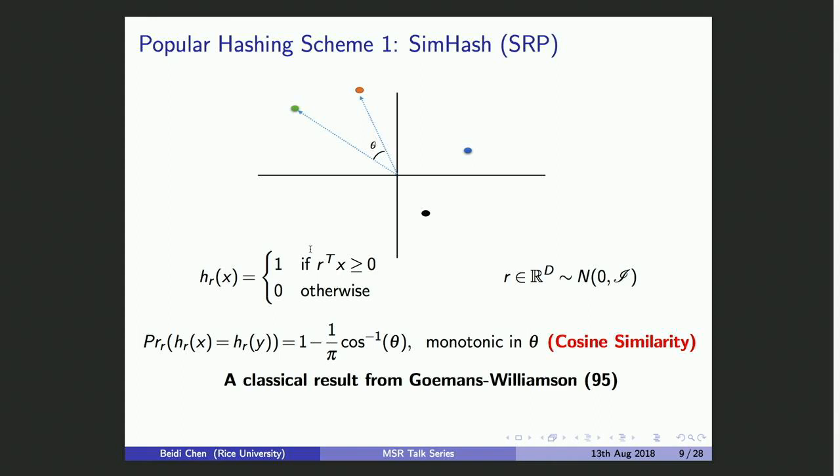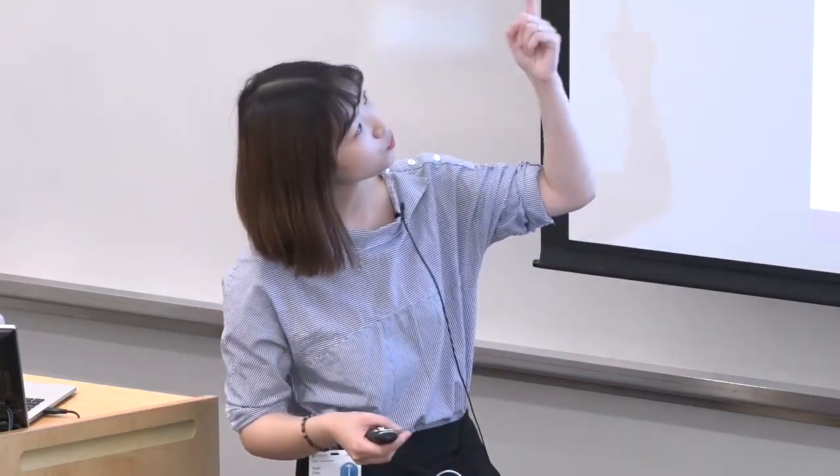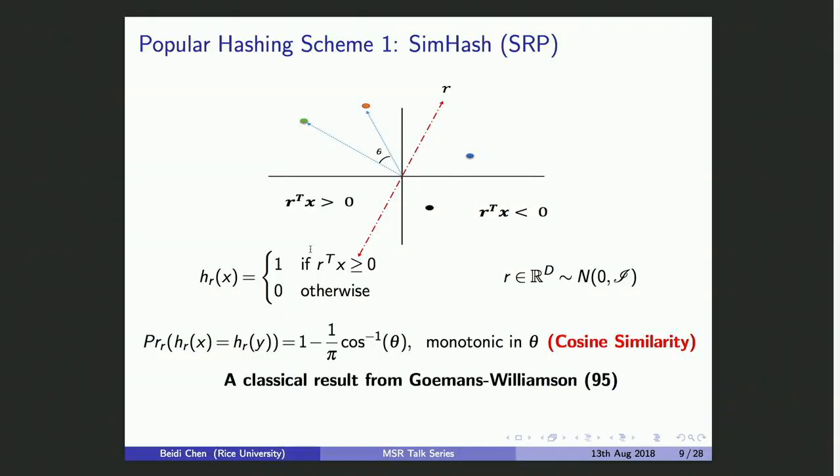Here's an example of one hashing technique. It's called sign random projection. It's like SimHash. What it does is, let's say for these two vectors, the green one and the yellow one, you want to estimate the cosine similarity of these two data points. So there's an angle there. What you do is you draw a random hyperplane.